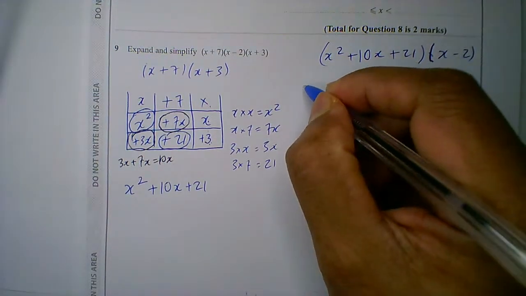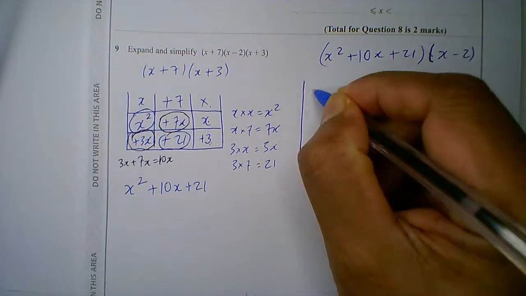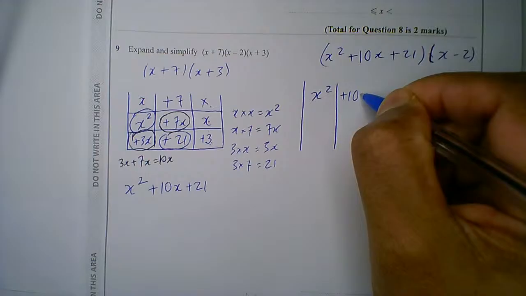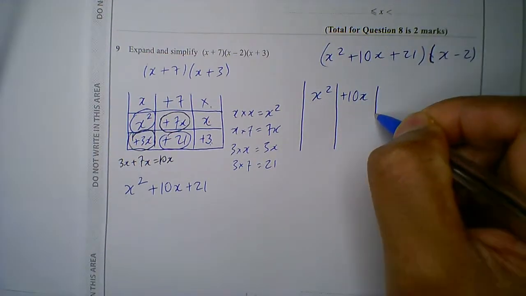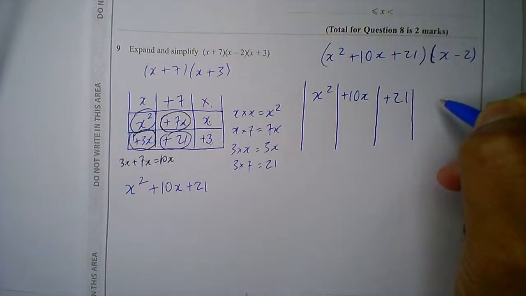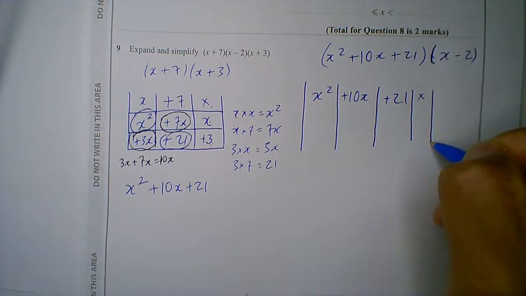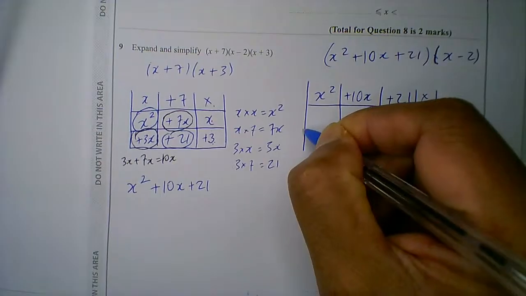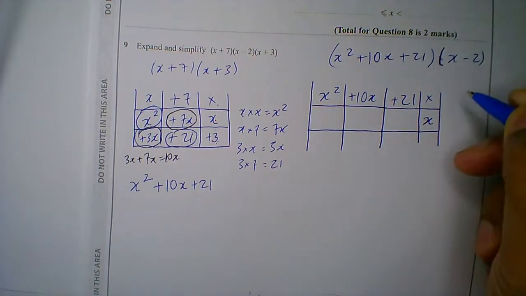So I'm going to have x squared plus 10x plus 21 times by x take away 2.